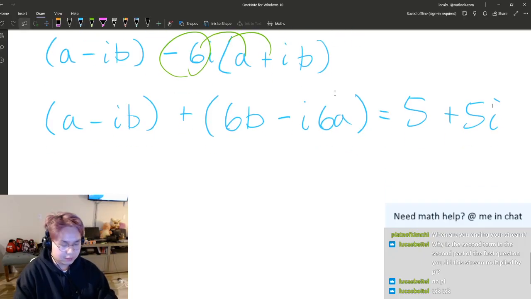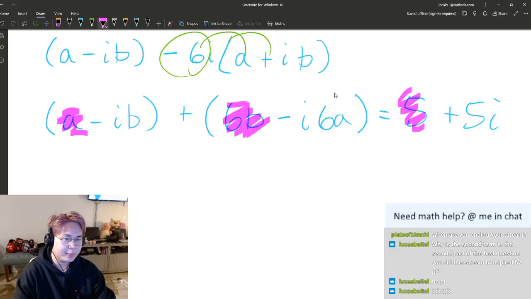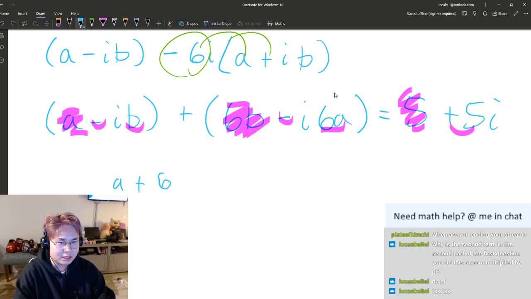Okay, so if we compare our real parts, then a and 6b need to be 5, whereas minus b minus 6a needs to be positive 5. So we have a plus 6b equals 5, minus b minus 6a equals 5.